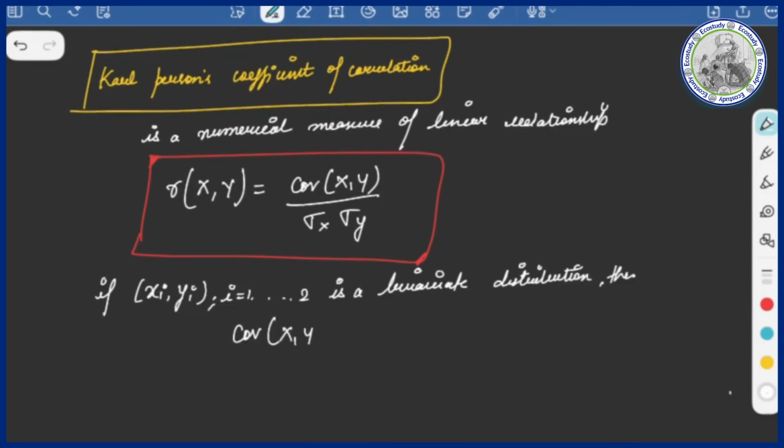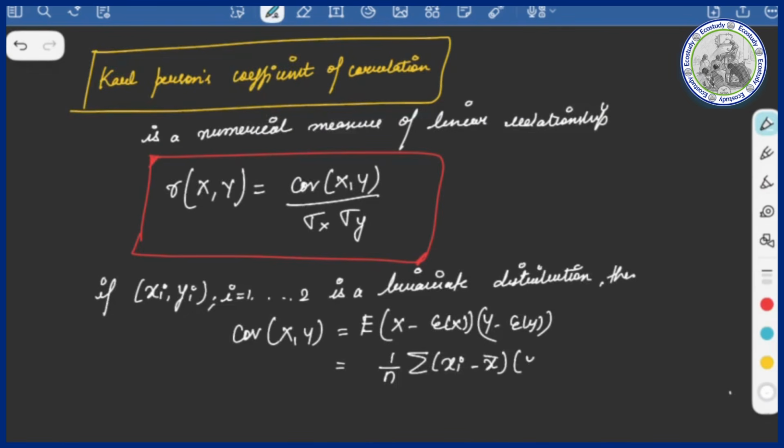Covariance of x, y can be written as the expectation of (x minus expectation of x) times (y minus expectation of y), which is 1 upon n sigma (xi minus x bar) into (yi minus y bar).